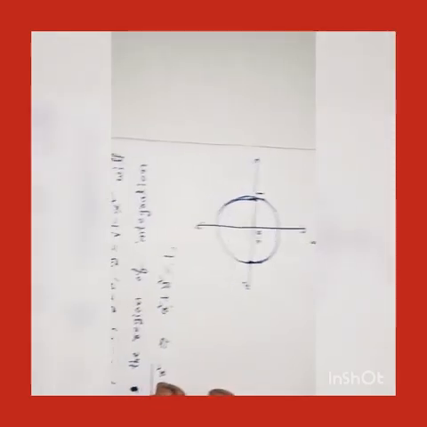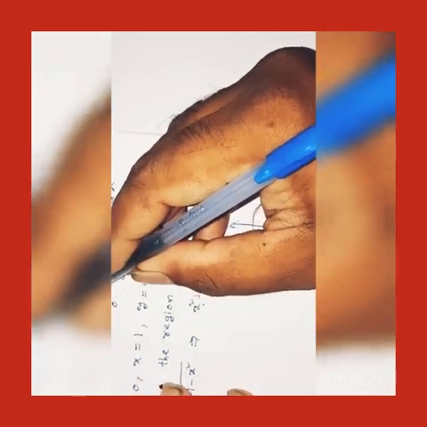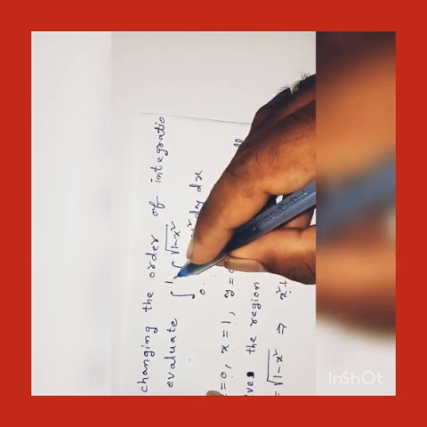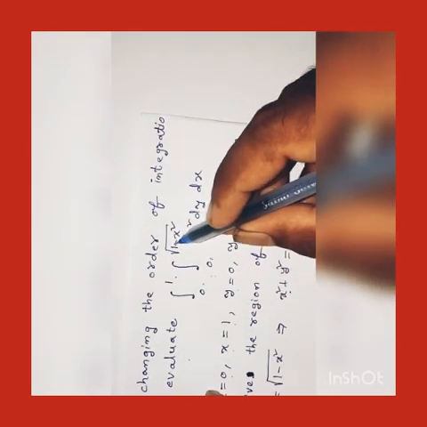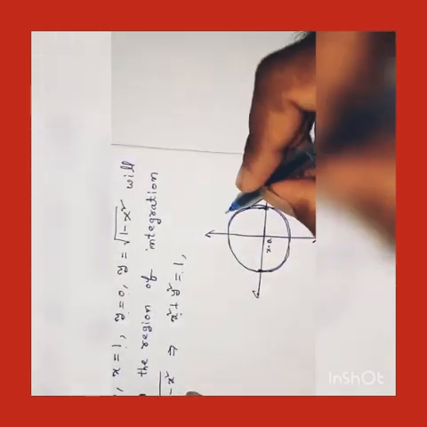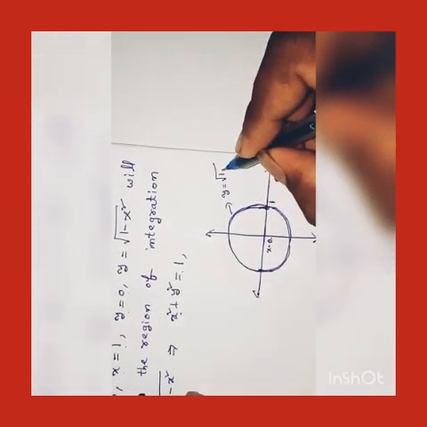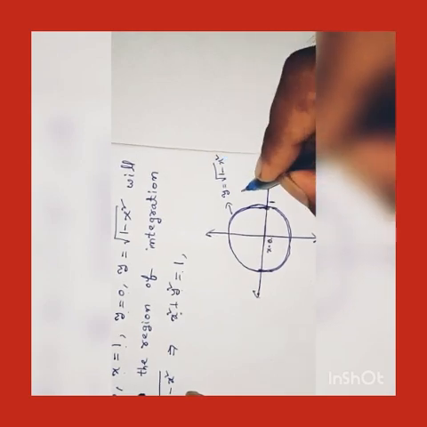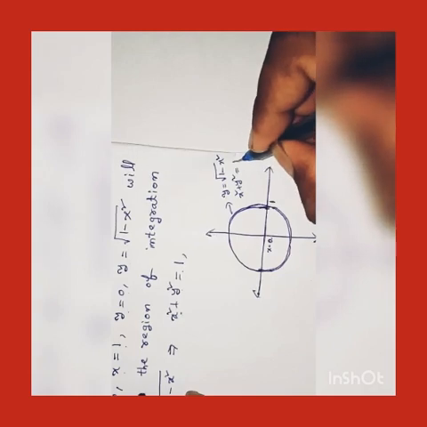Now in this circle, as per the given sum, x is moving from 0 to 1. Y is moving from y is equal to 0 to y is equal to root of 1 minus x square, that is x square plus y square is equal to 1.